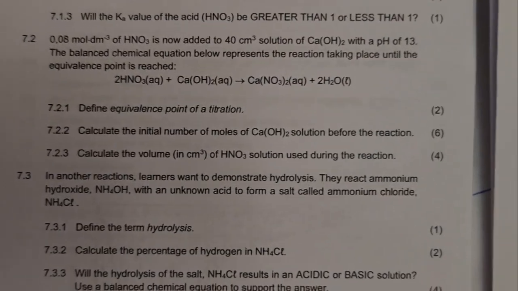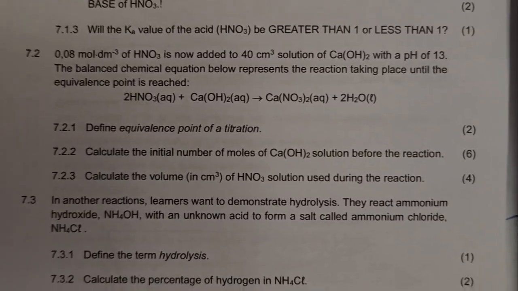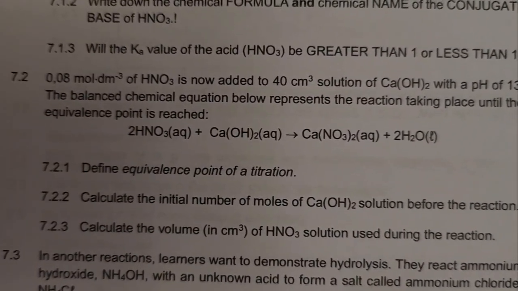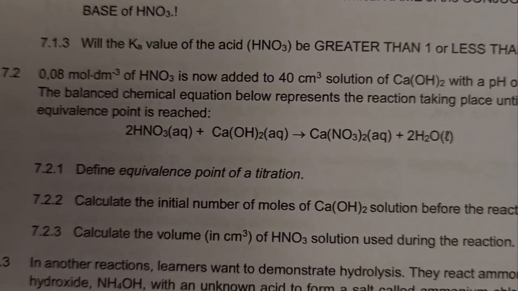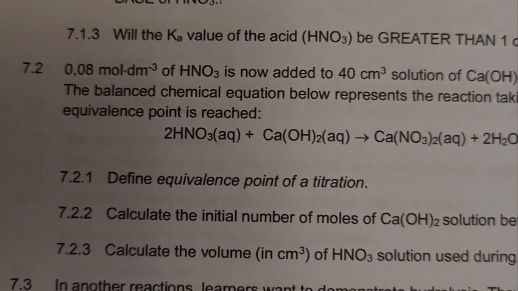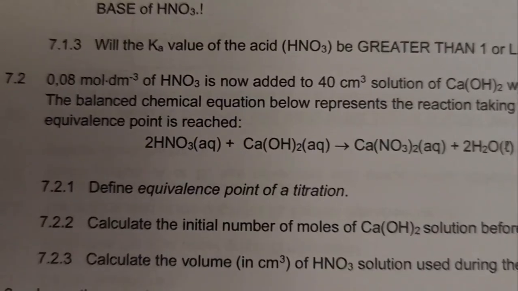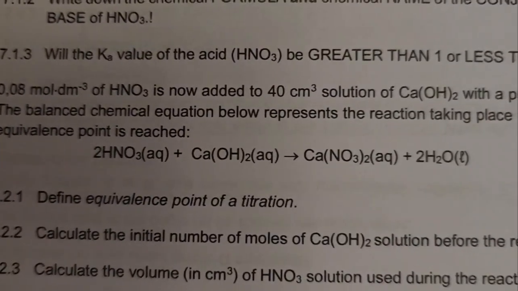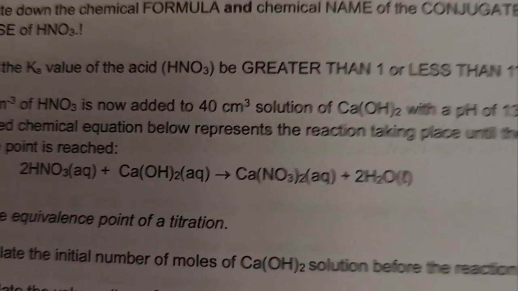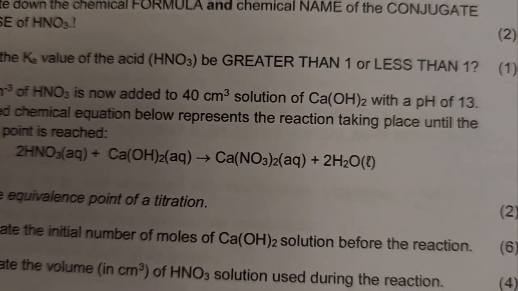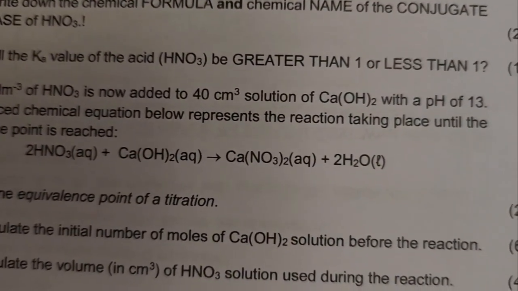Fine. In 7.2, they are saying to us 0.08 moles of nitric acid is now added to 40 cubic centimeters of calcium hydroxide with a pH of 13. You know, the 2 can give us the number of moles.